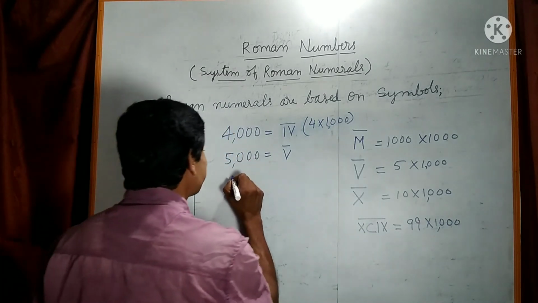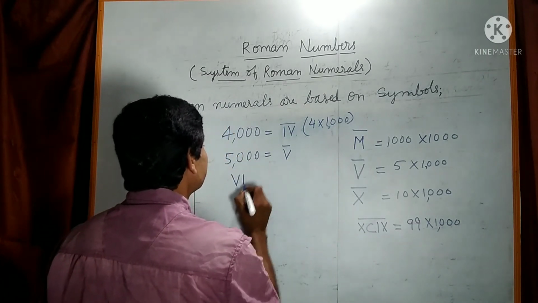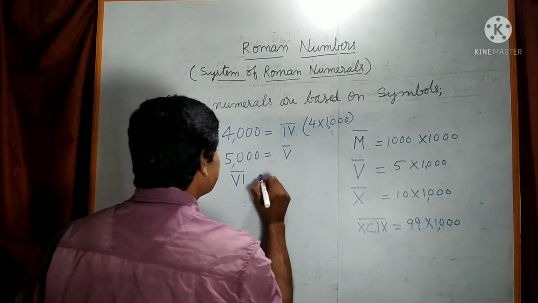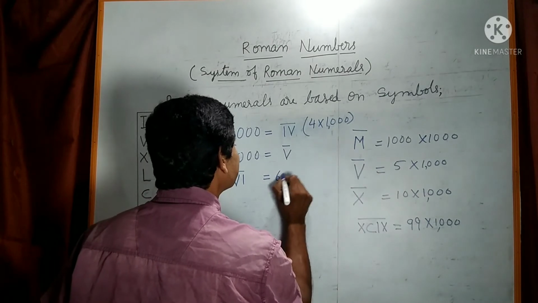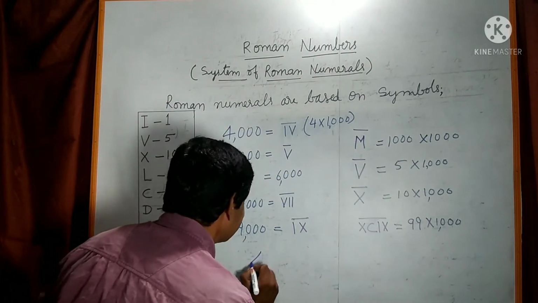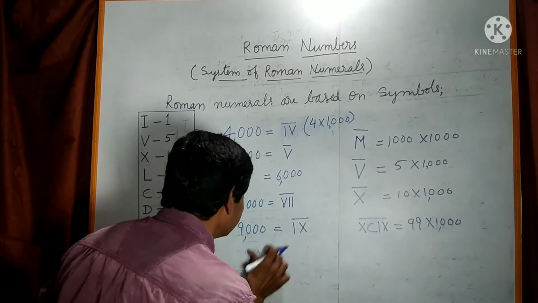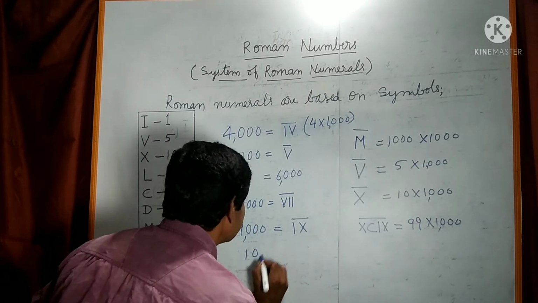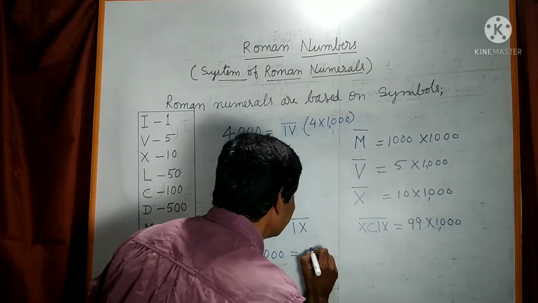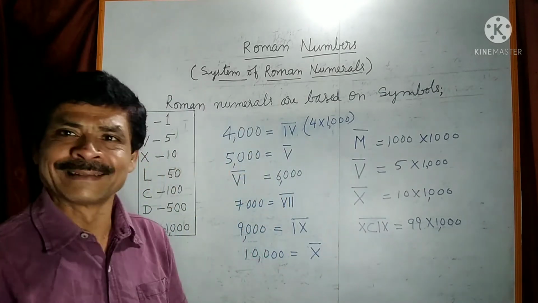How will we write 6000? 6 and write a bar on it. This is 6000. 10,000 is equal to, we will write 10 and a bar on it.